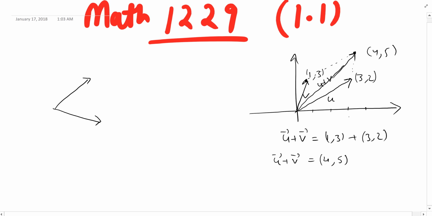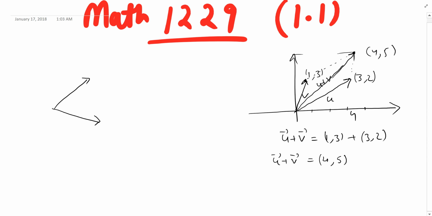So this distance is 4, and this distance is 5. Makes sense to you, right?